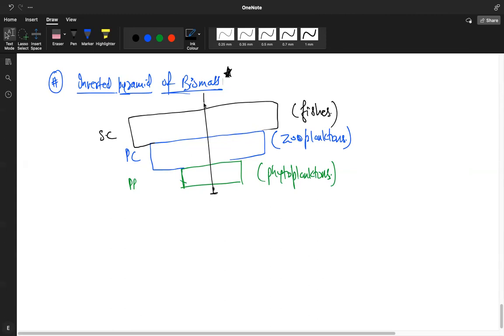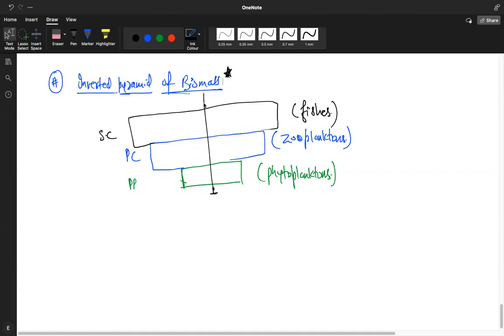It's okay. So the energy pyramid can never be inverted in any system. Even if the biomass pyramid is inverted, it simply means that in small amount of mass, the lower trophic level is able to provide lots of energy to the higher trophic level.